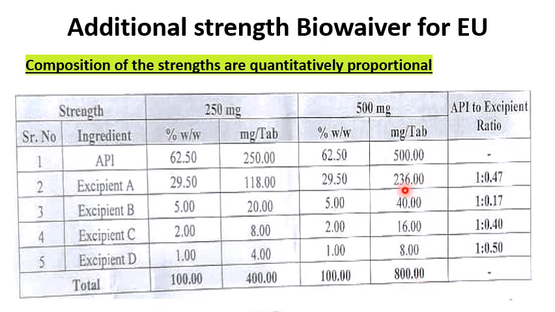All excipients are similar in percentage. That means the common blend approach is applied here for 250 mg and 500 mg. The excipient ratios are also the same for both strengths. API is considered as 1 and to the 1 these excipients are compared. So for both the strengths the ratio is the same.